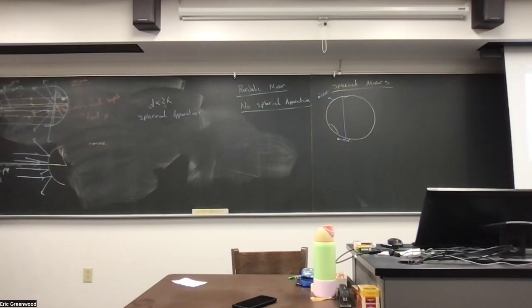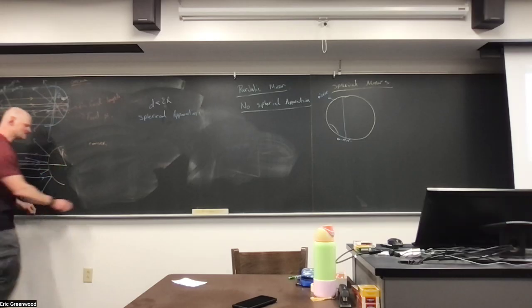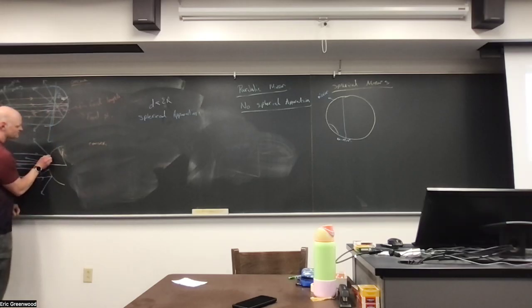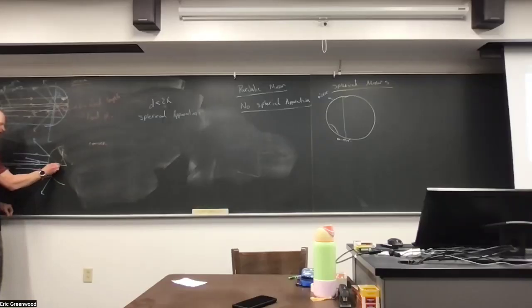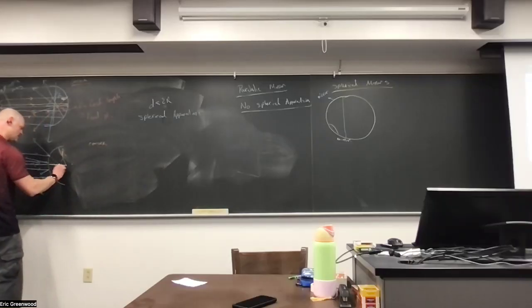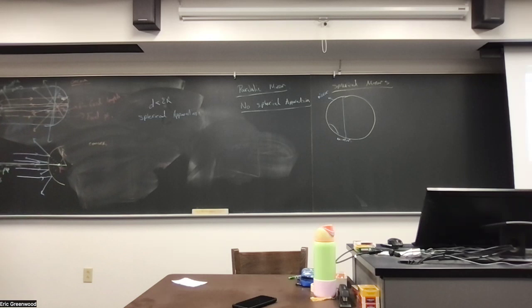Our eyes think all of these rays that are diverging outward came from a single point somewhere back here. So we ray trace each one of these lines backwards, and it appears that all of these light rays originated at this point, which is the focal point.